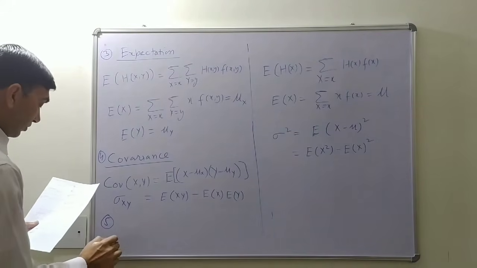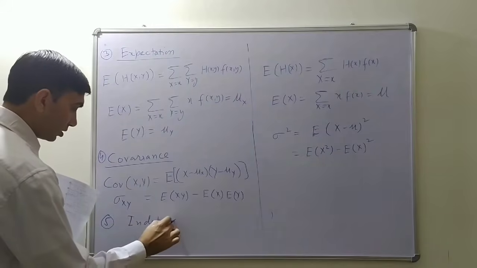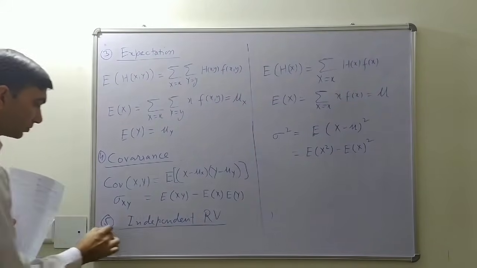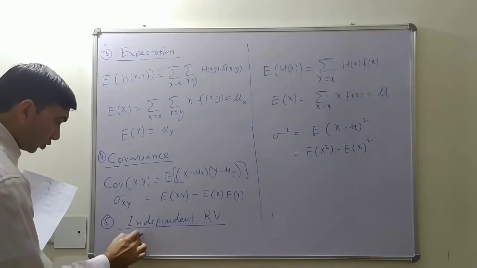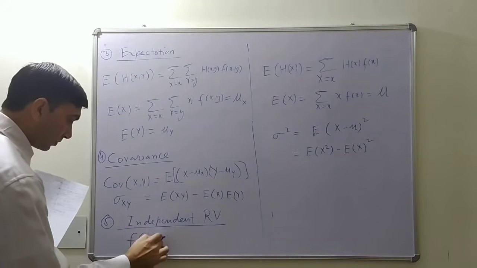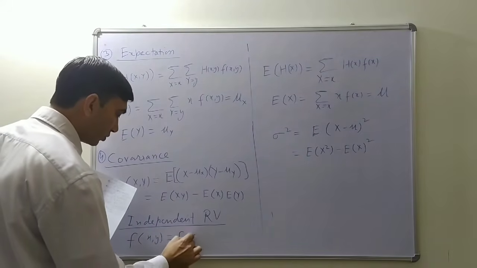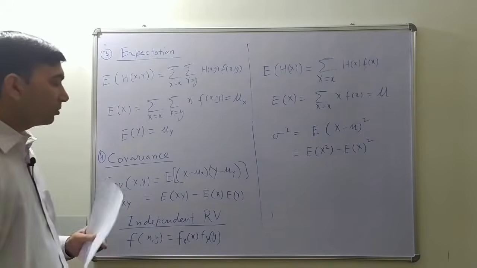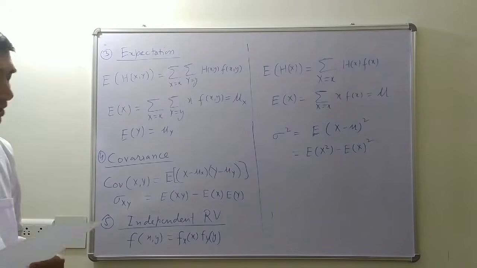Now there is one more definition, that is independent random variables. If joint PMF of x, y is equal to product of marginal PMF of x and y, then x and y are said to be independent.